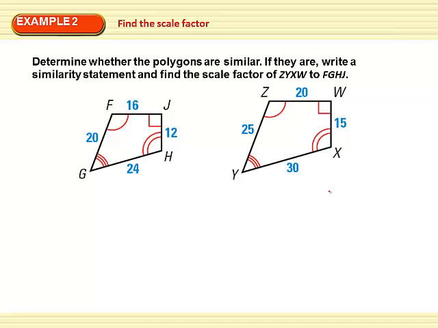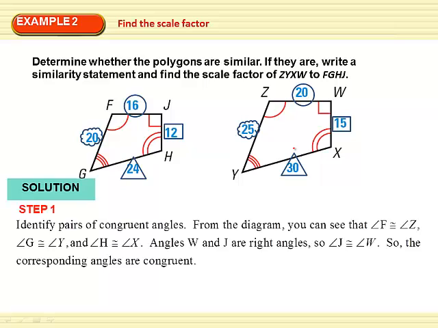So if we are looking at this, what I see in terms of the labeling is that angle F is congruent to angle Z, angle J is congruent to angle W, angle G is congruent to angle Y, all based off of the labeling, and angle H is congruent to angle X. So all that I need to do now is check to see if the corresponding sides are in proportion. So I start with 16 and 20, 12 and 15, 24 and 30, 20 to 25, and we see if all of those ratios are the same.